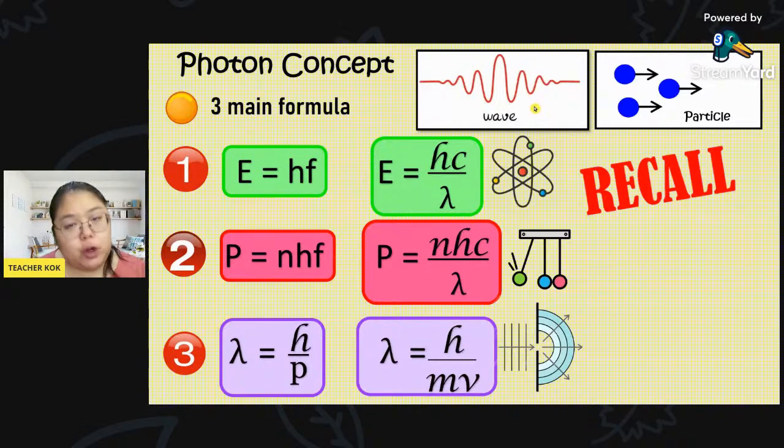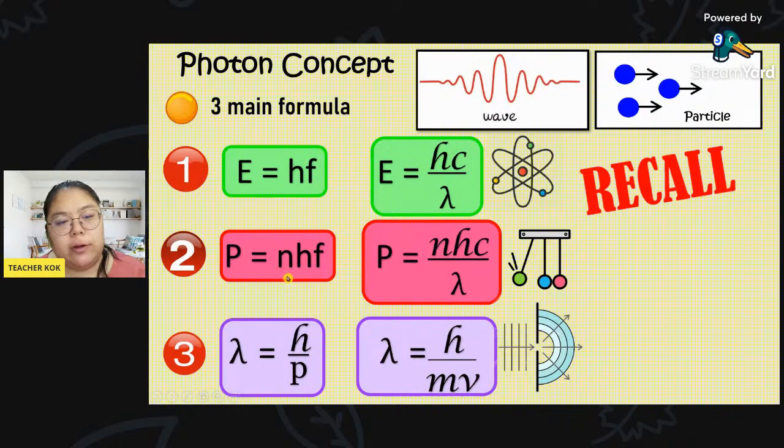From here you need to remember the three main formulas we learned before. First one is the photon energy. There is Planck's constant and also the frequency. You can also change the frequency to the speed of light over lambda, the wavelength.